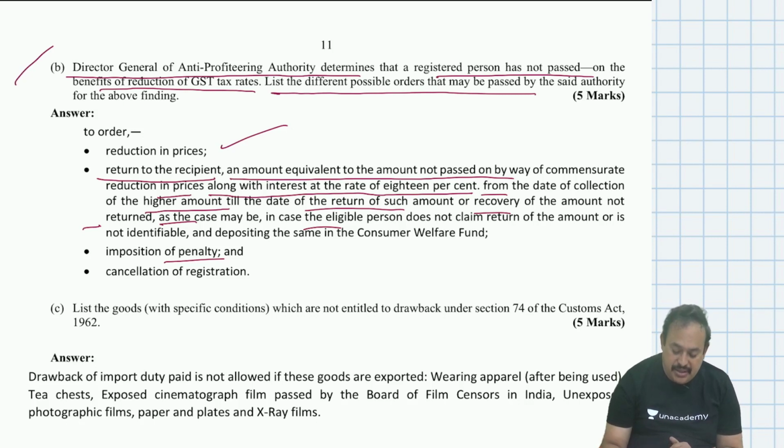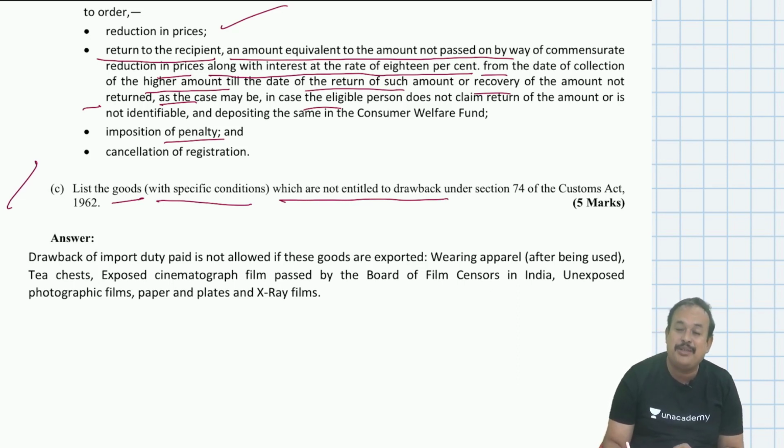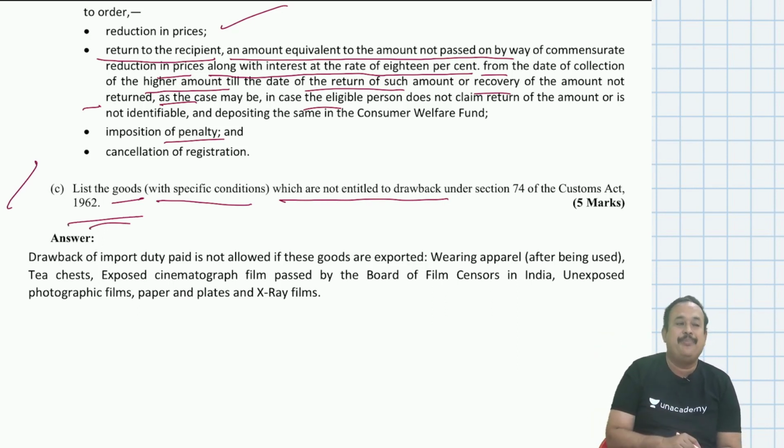Further, my dear friends, question number 6, point number C, list the goods with specific condition which are not entitled to drawback under section 74 of the Customs Act 1962. A number of times I referred to this point in the class itself, my dear friends.